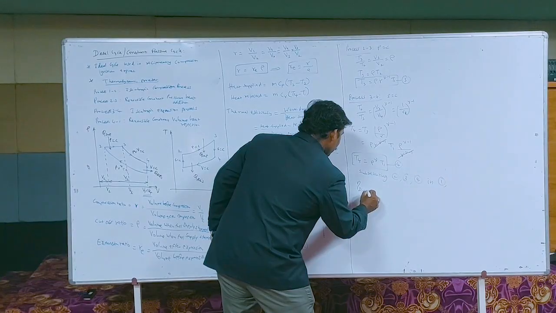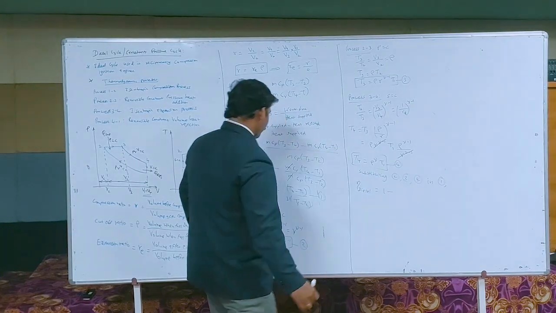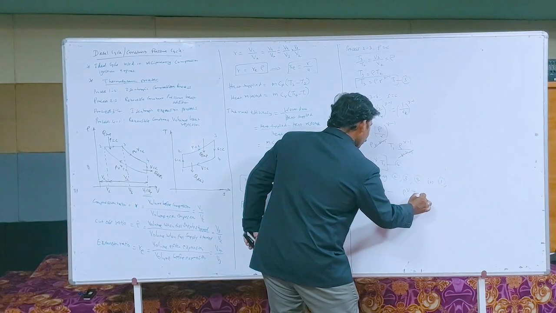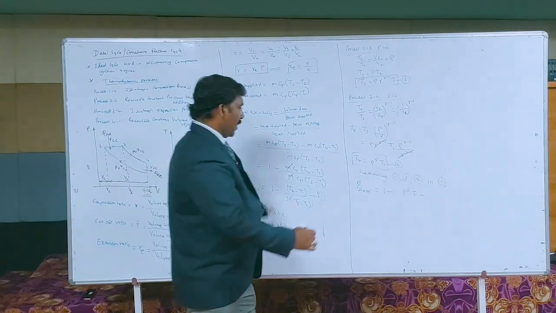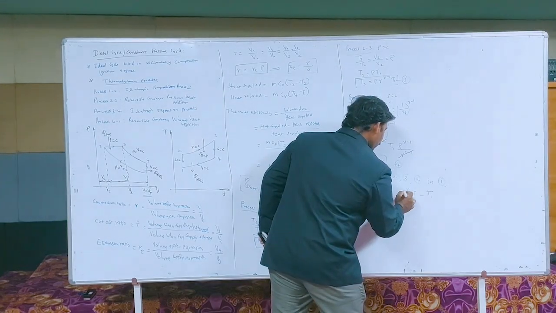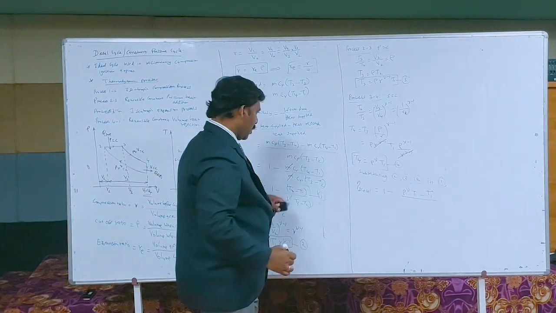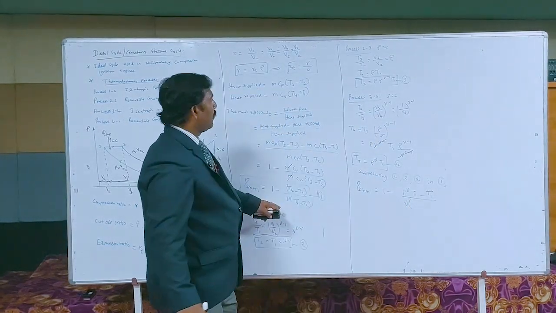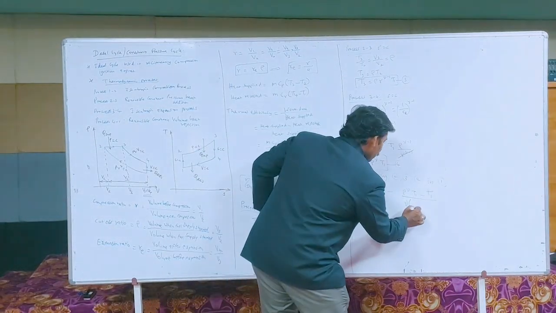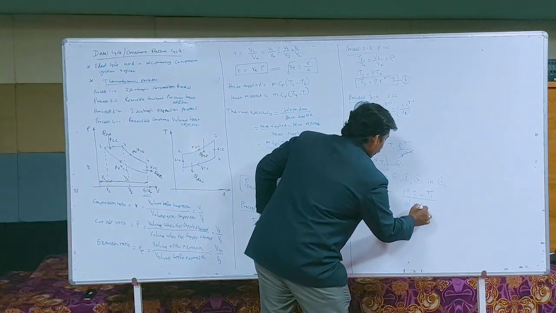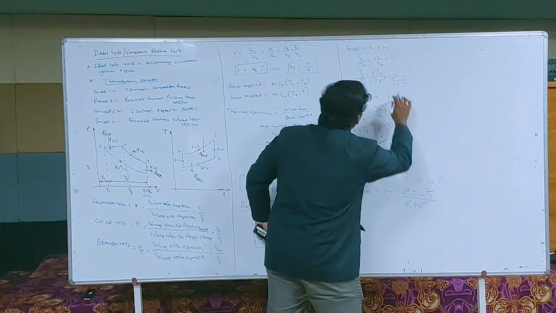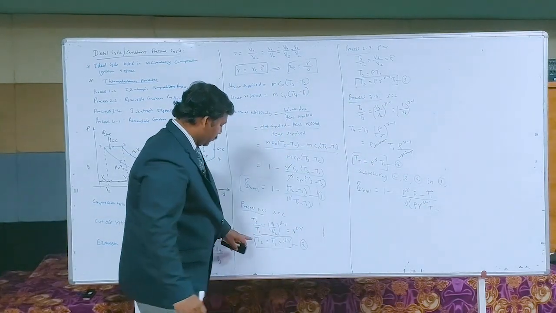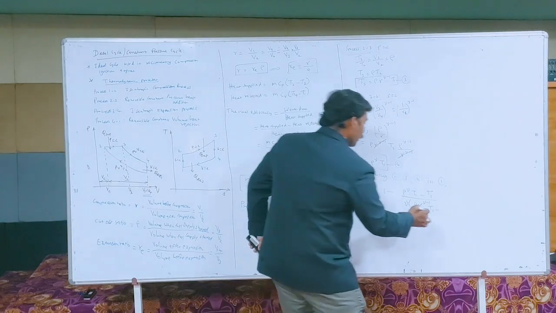Efficiency of diesel engine is equal to 1 minus T4, which is rho power gamma into T1, and T1 as it is we have to substitute, divided by gamma and then you have to substitute T3. T3 is rho into R power gamma minus 1 and T1 minus T2 we have to substitute. T2 is T1 into R power gamma minus 1.